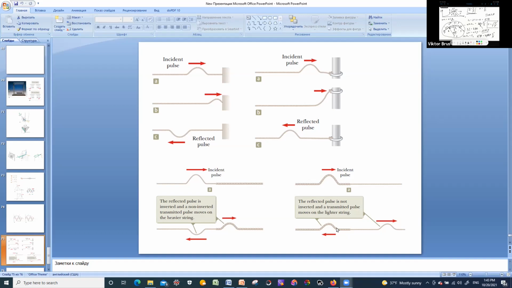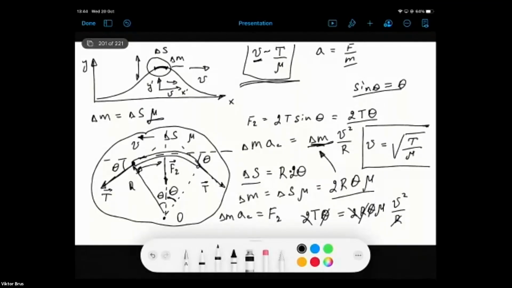So, summarizing our discussion today, we derived the analytical equation for the speed of wave propagation on a string. We have shown that this speed is defined by two parameters.